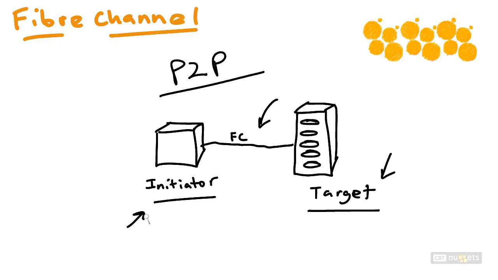This direct connectivity is a lot like that concept of directly attached storage that we've actually wanted to move away from for scalability concerns. So, we bring this up as a bit of historical reference, this point-to-point topology that is capable in a Fibre Channel environment.